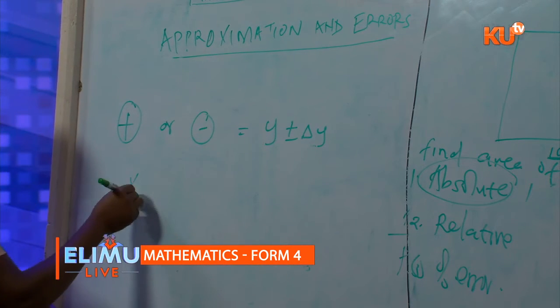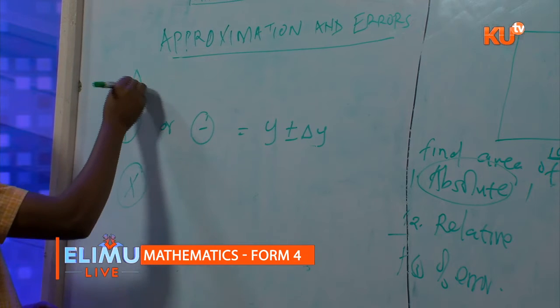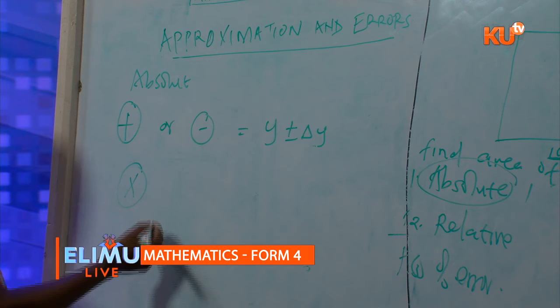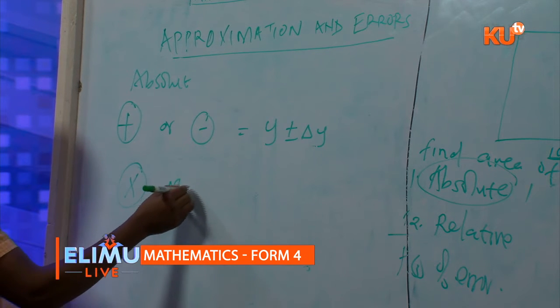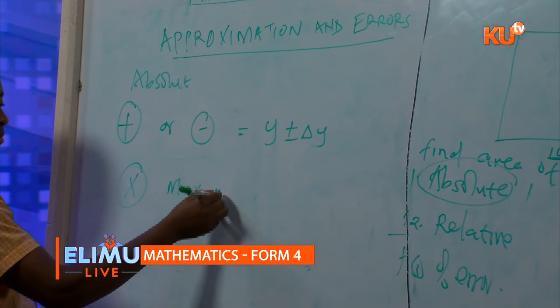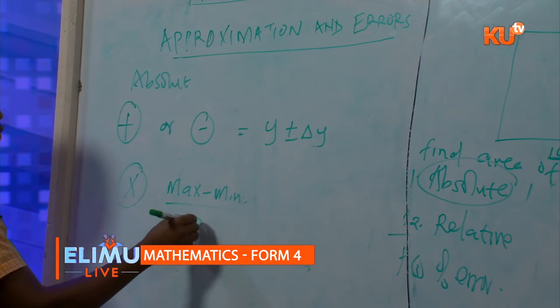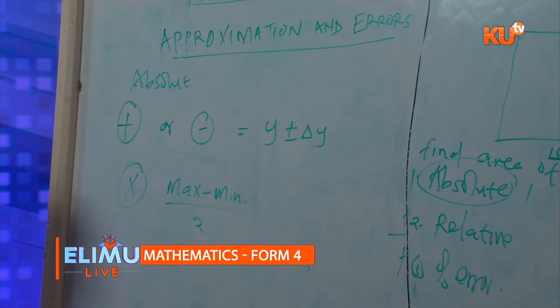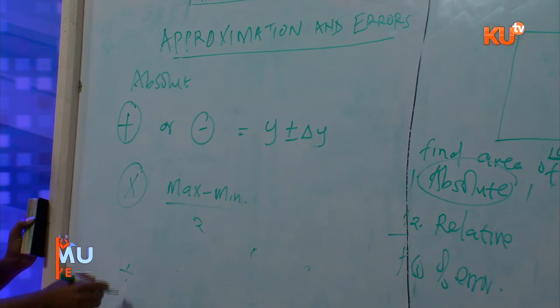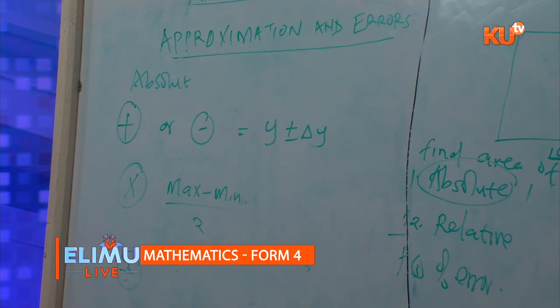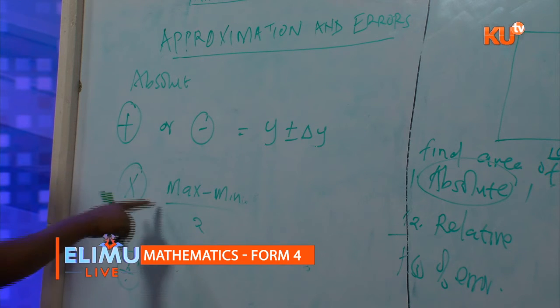But when it comes to multiplication, it becomes the maximum minus the minimum divided by 2. When it comes to division, we have another concept. But before you go there, let us do another example on multiplication.